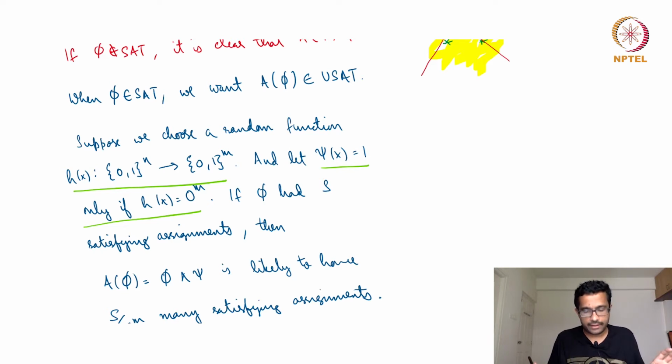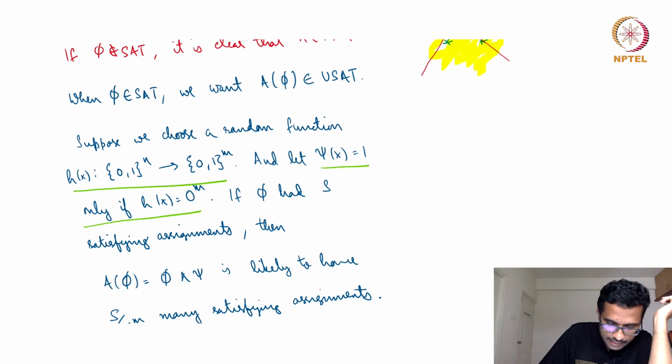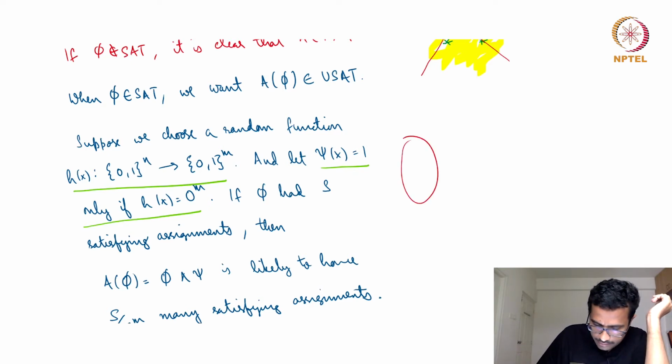So it's a random function. Roughly, you will expect h of x to distribute, so this is a function from 0,1 power n to 0,1 power m.